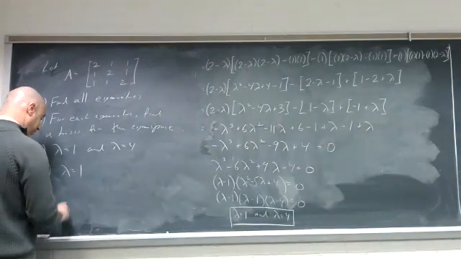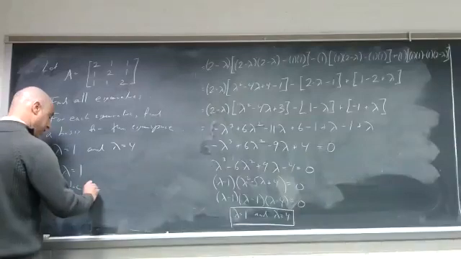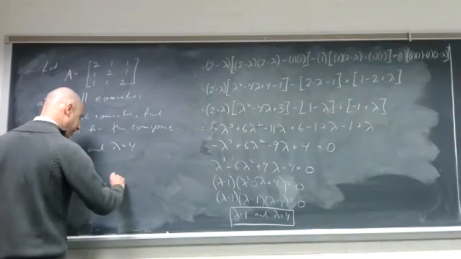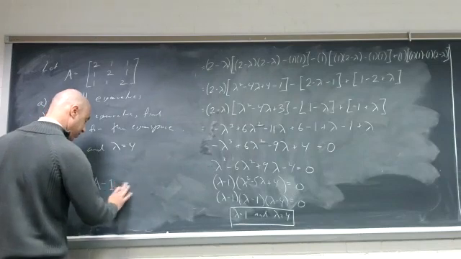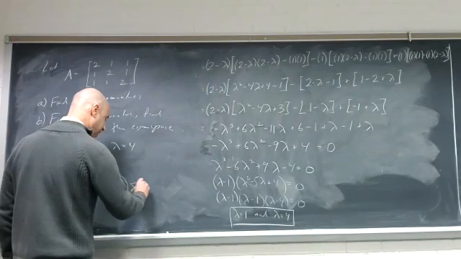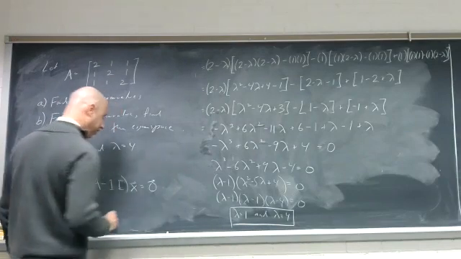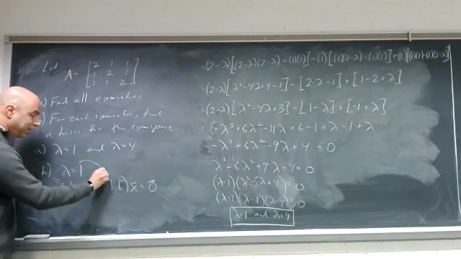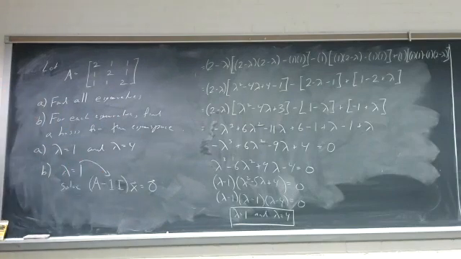So we want to solve A minus 1 times the identity, times x equals the 0 vector. Lambda equals 1, that just goes in there.